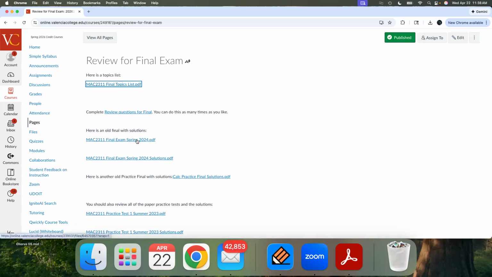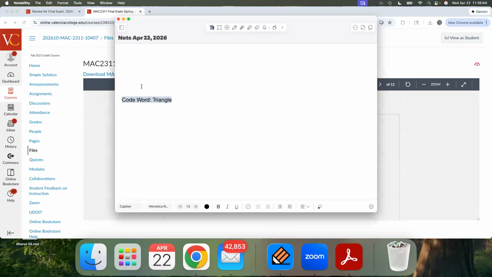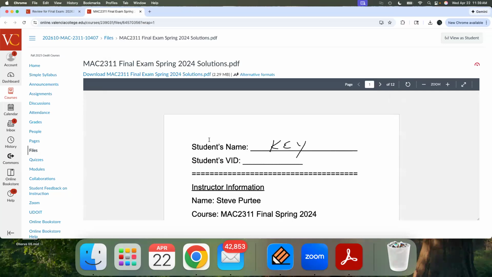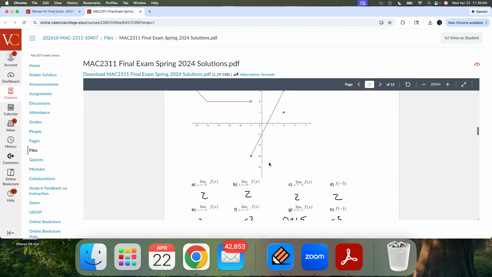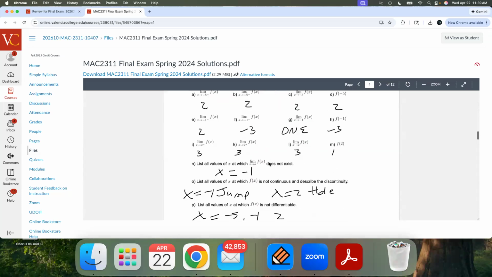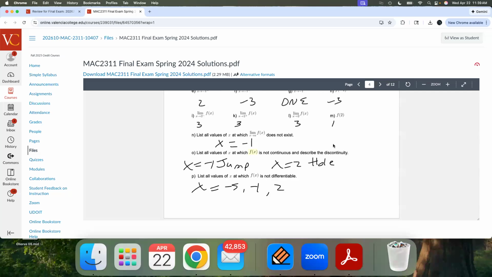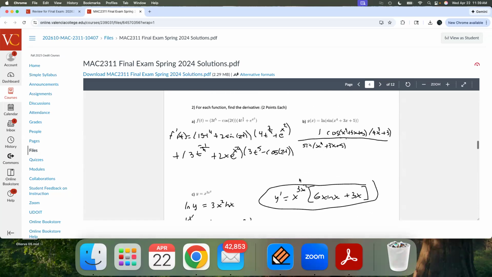So here is an old exam. Okay, so limits from a graph. One-sided limits. Where's the function discontinuous? Where is it not differentiable? Just finding some derivatives.